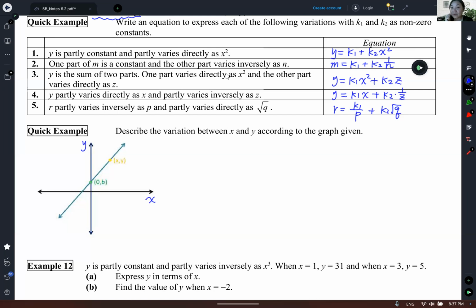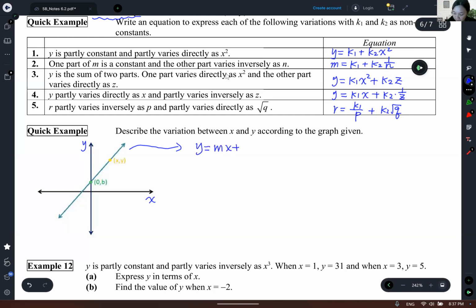Now, from the graph, I'll just go directly with an answer. You know already that this implies there is a formula y equals mx plus b.